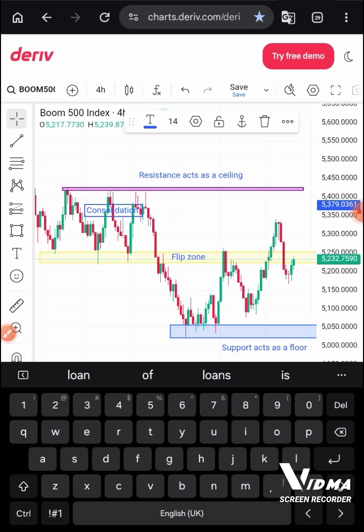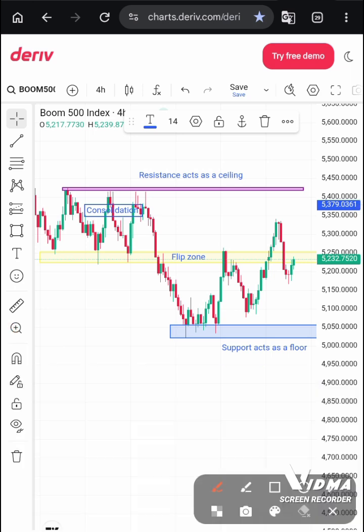Until this point here where we saw our support being broken and being turned into a flip zone, okay? That's when price came down here to what we now have as our current support, okay?